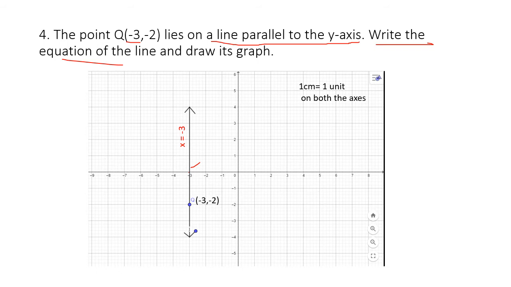Also, one important thing that you have to remember, children, is that when you draw the x and y axes, you're supposed to show the arrows at all four ends. You're supposed to mark this as y, this as x, and you're also supposed to mention the scale: 1 centimeter is equal to 1 unit on both the axes.